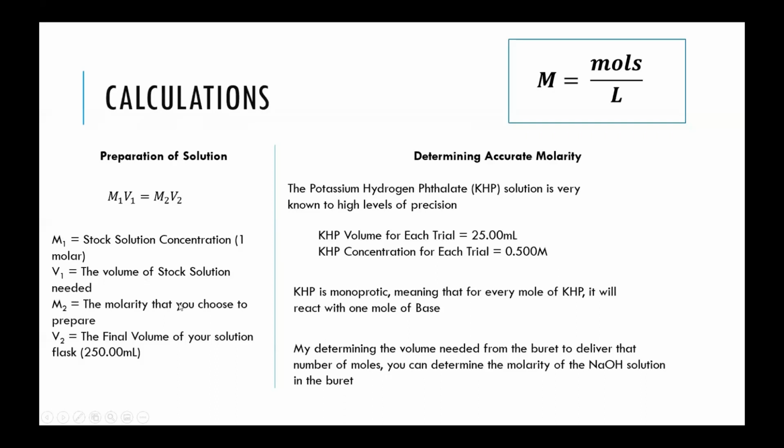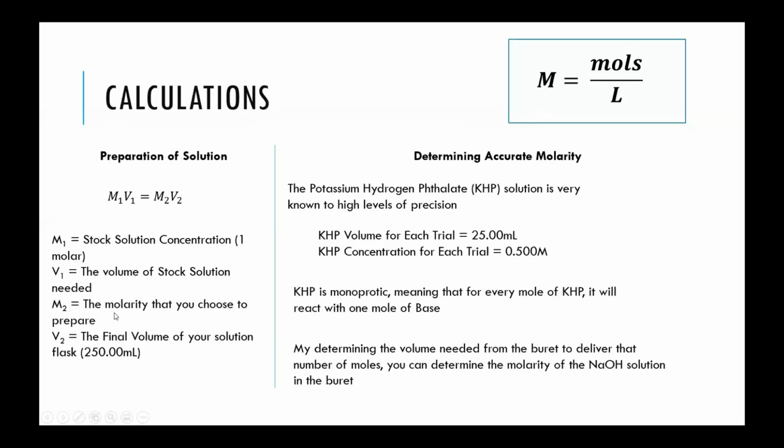M2 is the molarity that you're choosing to prepare. In the procedure, this is listed as 0.3, 0.4, 0.6, or 0.7 molar, all out to 3 decimal places.